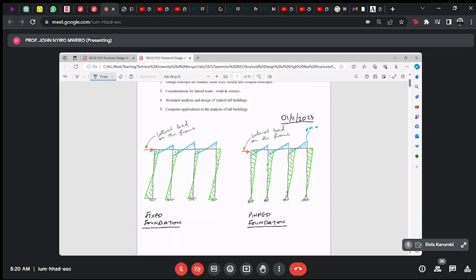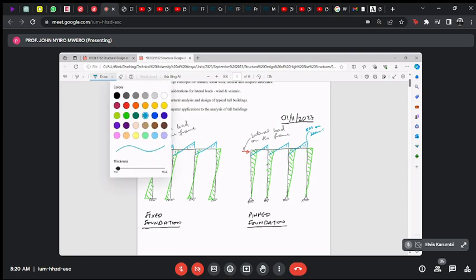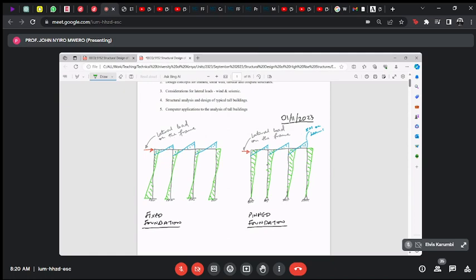Bending moments on beams. Bending moments on columns.